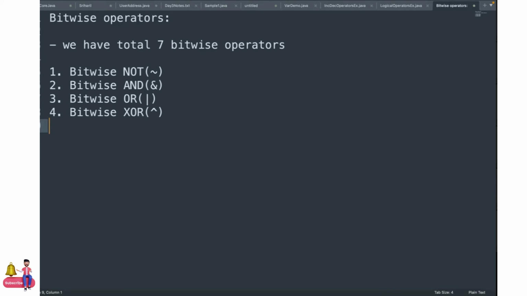Now, what other operators do we have? We have the bitwise left shift operator.